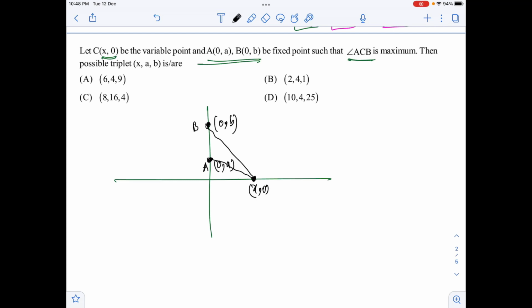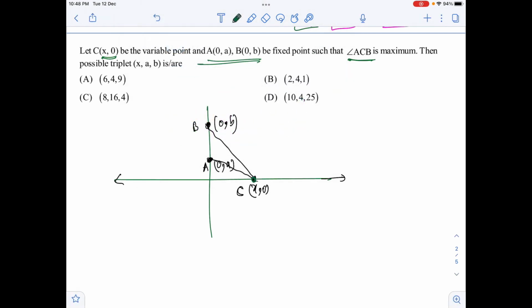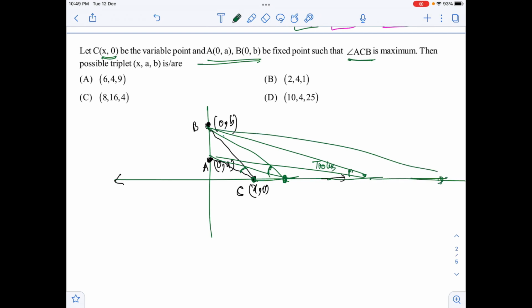Since A and B are fixed points, as we start moving point C along the x axis, because its y coordinate is always 0, if we move this point along the x axis, suppose it comes here, you can clearly see what the angle will be. It may be a little bigger than the angle here. If it's going too far, the angle starts decreasing, it's a little bit less. And if you are going to infinity, you can feel the angle will decrease still further.